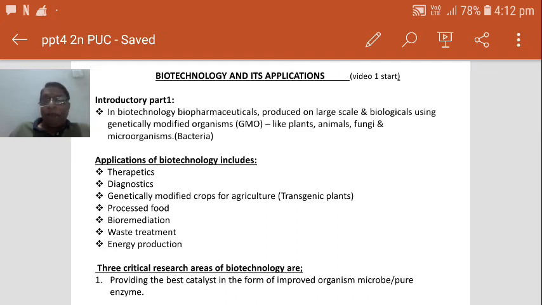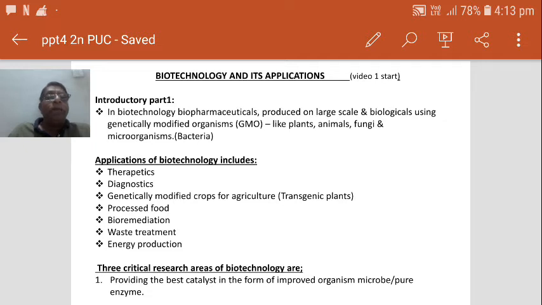In biotechnology, biopharmaceuticals are produced on large scale. Large scale means industrial scale. And also biologicals are produced.